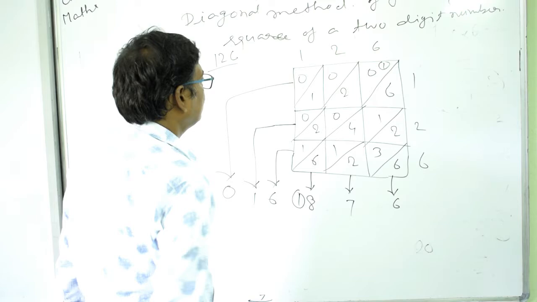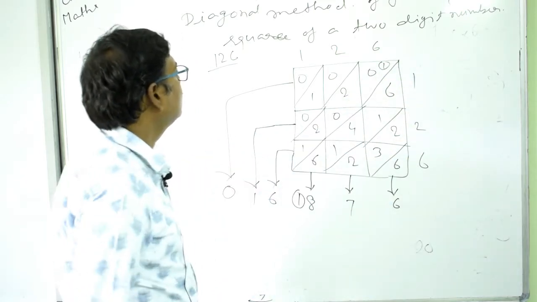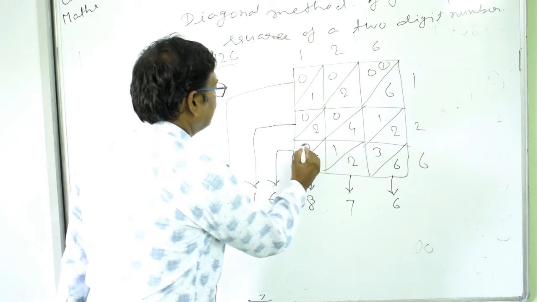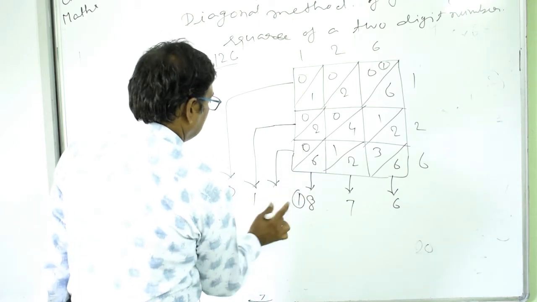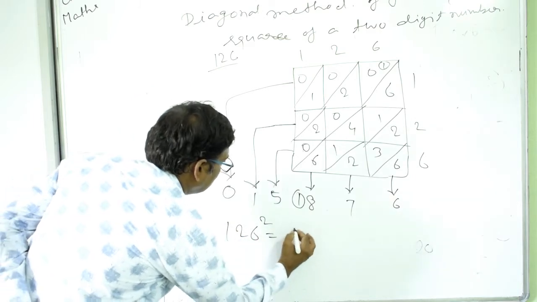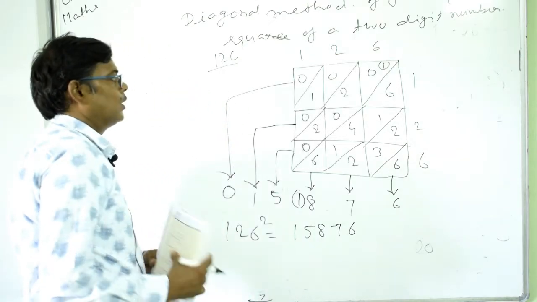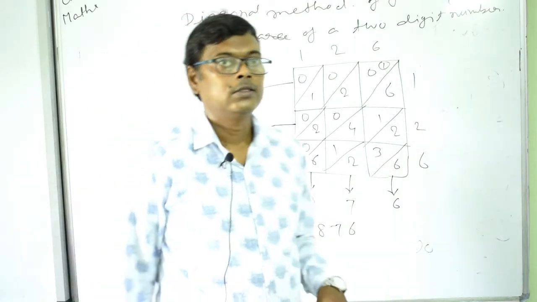Here it should be 5 here: 2 plus 1 is 3, and 3 plus 2 is 5. Oh, here it will be 0. Okay, so here it will be 5. So the answer is 126 square is equal to 15876.